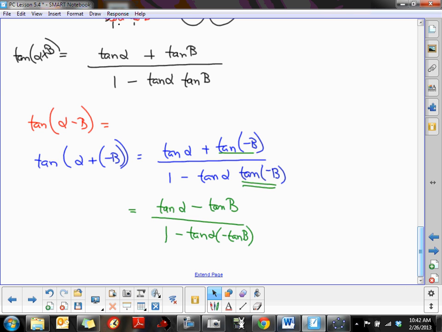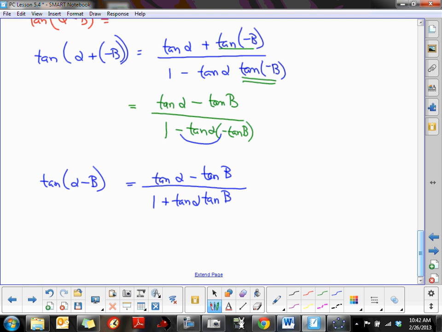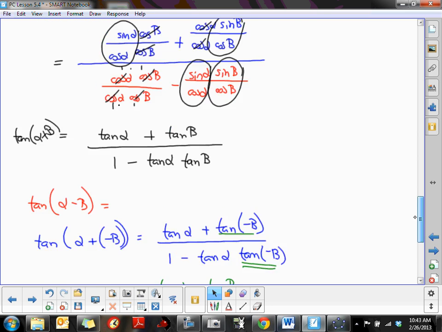And therefore, the final result is our tangent of alpha minus the tangent of beta over 1, then these will be plus, negative times negative, tangent of alpha, tangent of beta, which is the tangent of alpha minus beta.